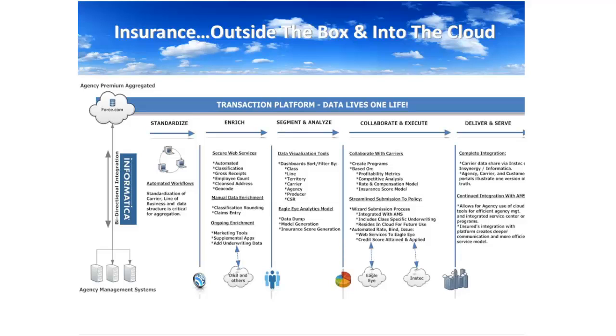We collaborate with the carriers and connect the agencies to the carriers across this transaction platform and make a much more efficient process of bringing the data from the source to the market efficiently and at a much lower cost of transaction.